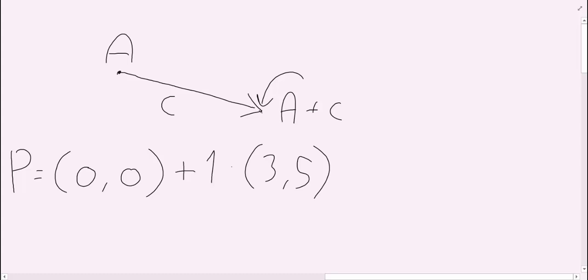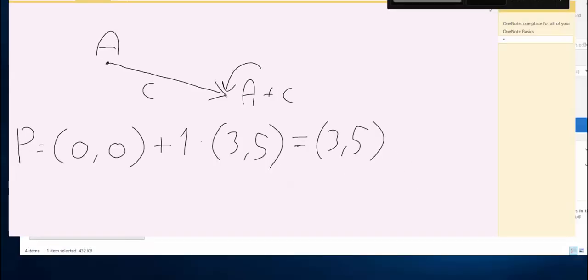So it just ends up exactly at the coordinates for c in this case, or the coordinates of A plus c. So in exactly 1 second, it should move exactly to the end of the vector c if we drew the vector c starting at A. So that's simply 3, 5. Simple enough in this case.